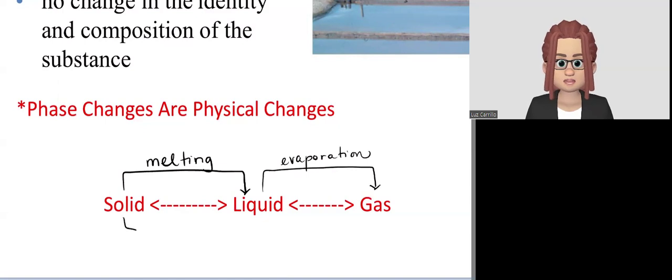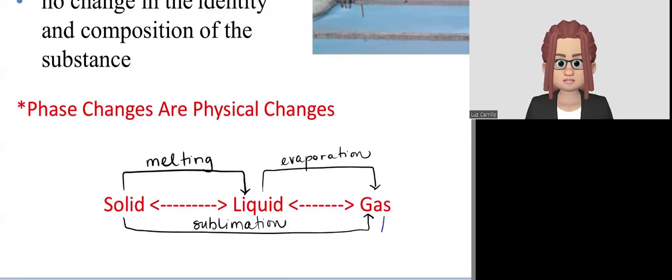A solid can turn into a gas. And when that happens, that is called sublimation. These changes are not unidirectional. They don't go from left to right. You can have them in any direction.